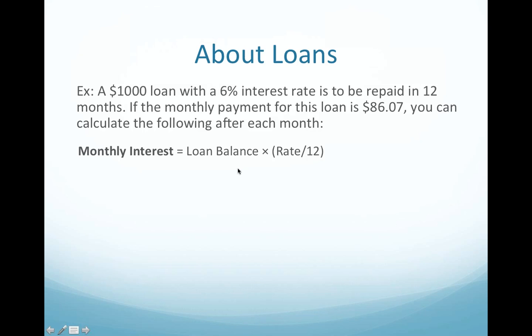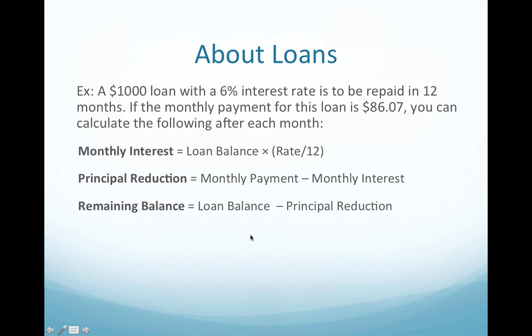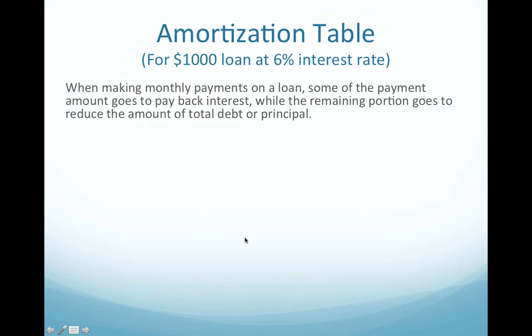We'll find the interest by multiplying the loan balance by the annual rate divided by 12. And there's a difference between the effective rate and the annual rate. Then we have principal reduction and remaining balance, which is what's left after you reduce the principal. This is what's called an amortization schedule.